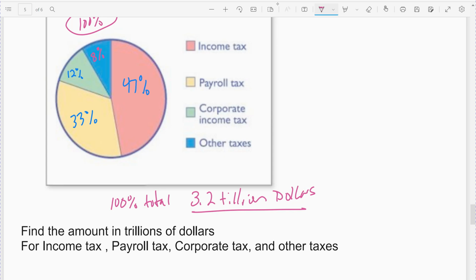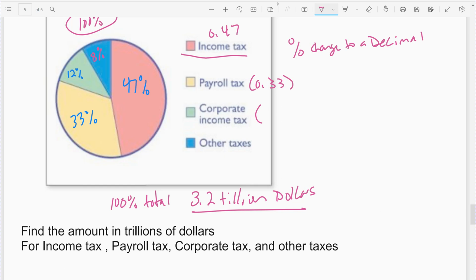In order to figure this out, we want to find the percent of the total. You take the percent in each group and change it to a decimal. The income tax would change to 0.47, the payroll tax would change to 0.33, dividing out by 100%.